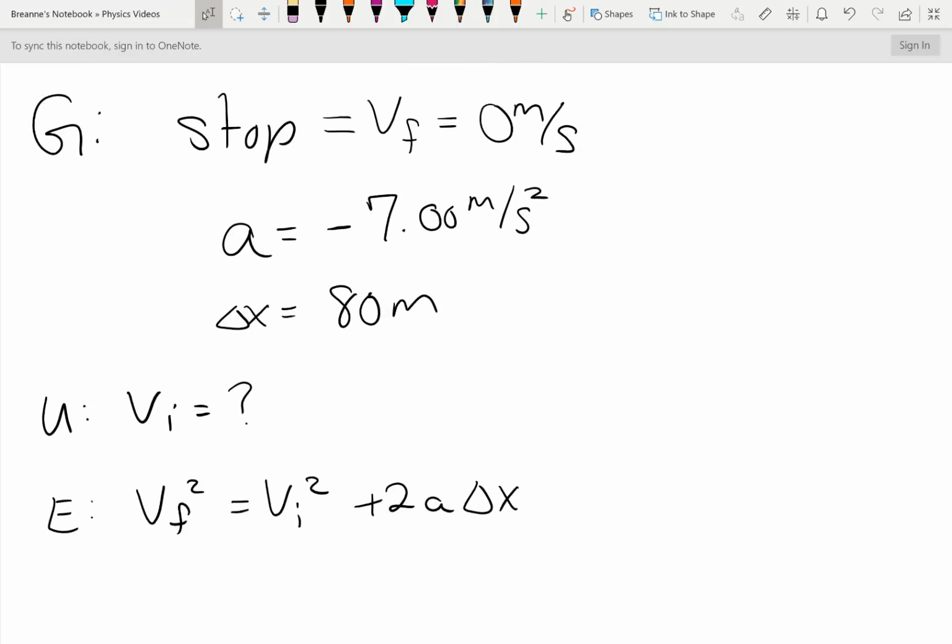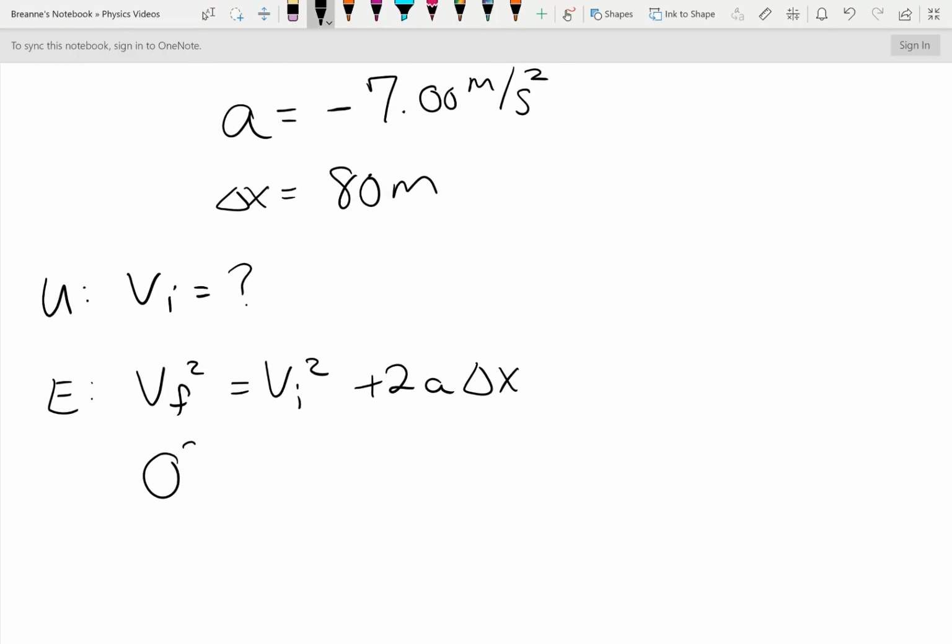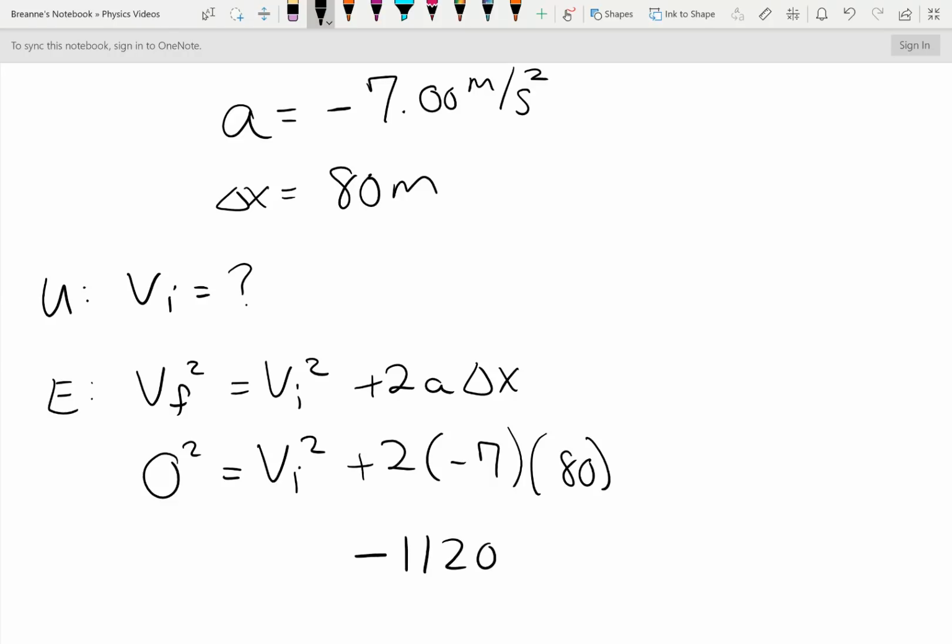Now we can plug in. We have final velocity. It's 0 squared. We don't have initial velocity. That's what we're looking for. We have acceleration. It's -7. And our displacement is 80. So let's go ahead and multiply the 2 times -7 times 80. And you get -1,120. Vi squared and 0 squared just gives you 0.